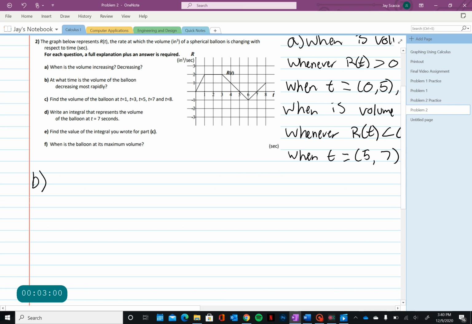And that is at 6, because this is the most negative the graph is, so decreasing most rapidly at t equals 6 seconds.